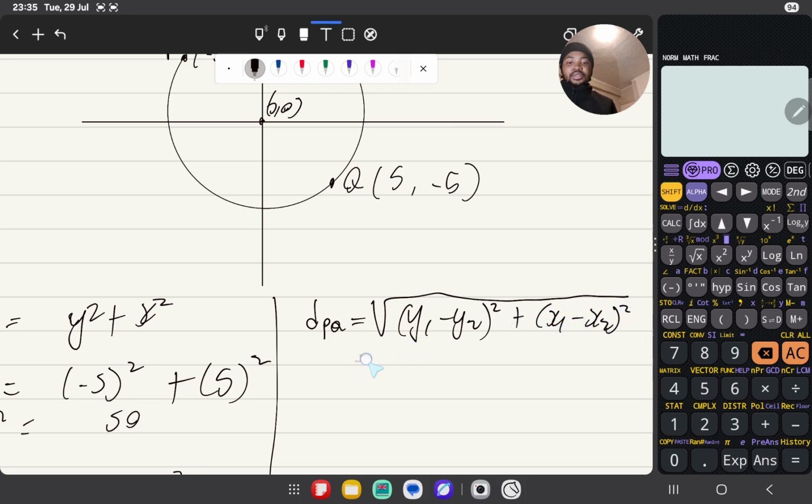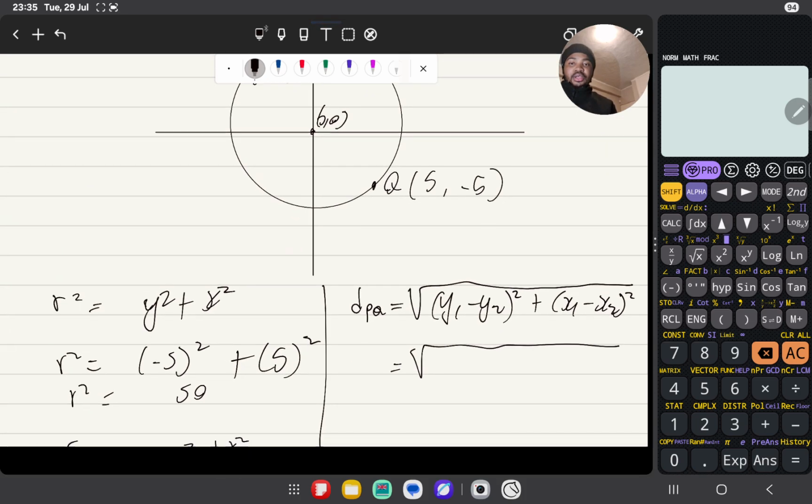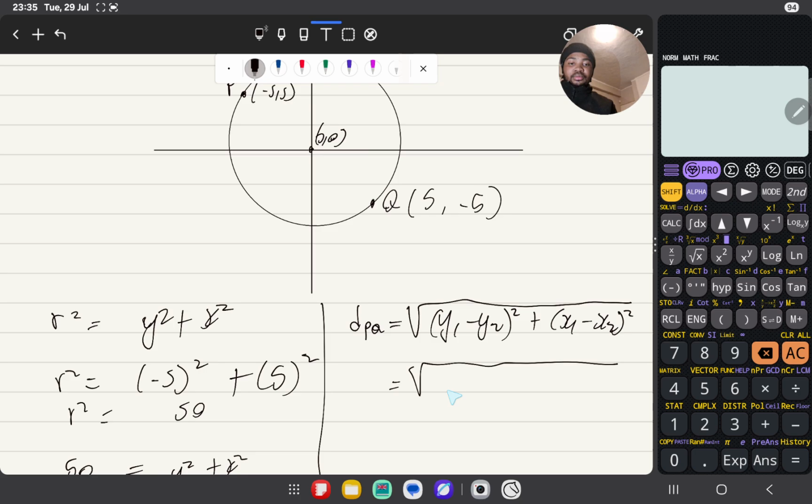So that means we're going to have y1. Let's start with that, it will be 5 minus 5. It's the 5 from P and the minus 5 from Q.